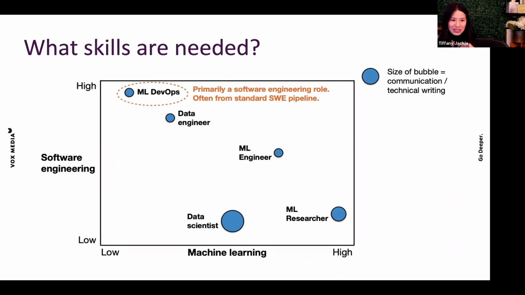All right, so let's talk about each of these roles a little bit more in detail. I kind of went over all of these things, but in your DevOps role, or DevOps engineer who is in your ML teams, they'll typically come from a software engineering experience. They'll know how to build standard CI/CD pipelines, everything to get you from code commit to production, right?